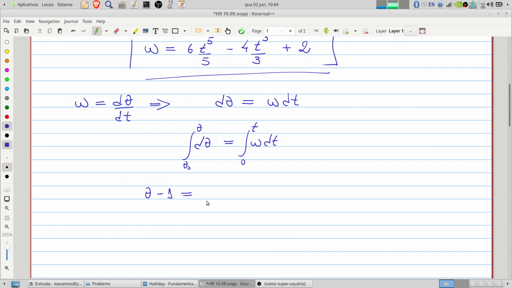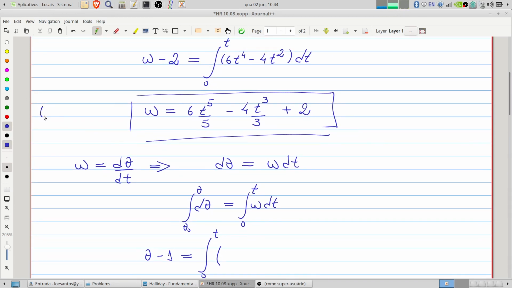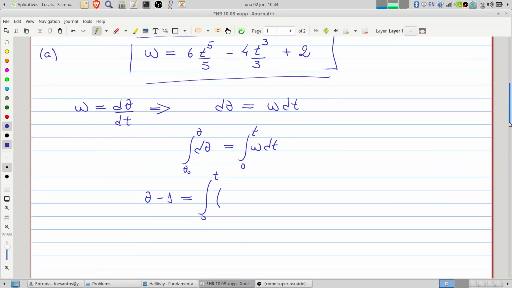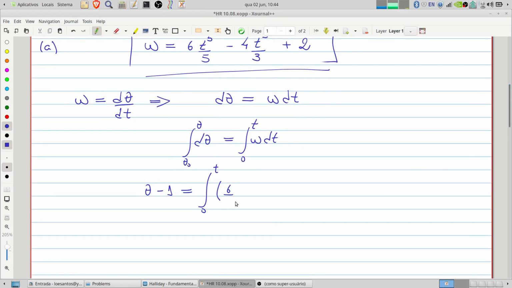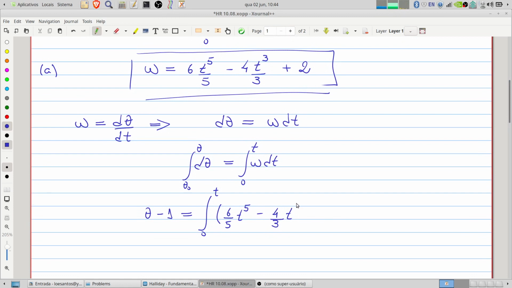the integral from 0 to t of the result of item A. Here we have 6 divided by 5 t to the 5th minus 4 divided by 3 t to the third plus 2, not minus, and integrate in time.